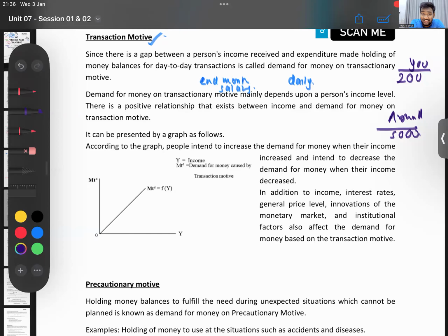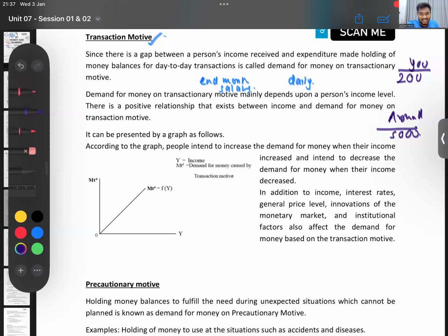Main reason is what? I am earning more than you. You are depending on your parents. I am doing my class and I am earning more money. So demand for money for the transaction motive depends on what? Depends on your income. Think of a very poor person. He will only keep 50 rupees with him for his day-to-day expense. You're keeping 200 rupees.